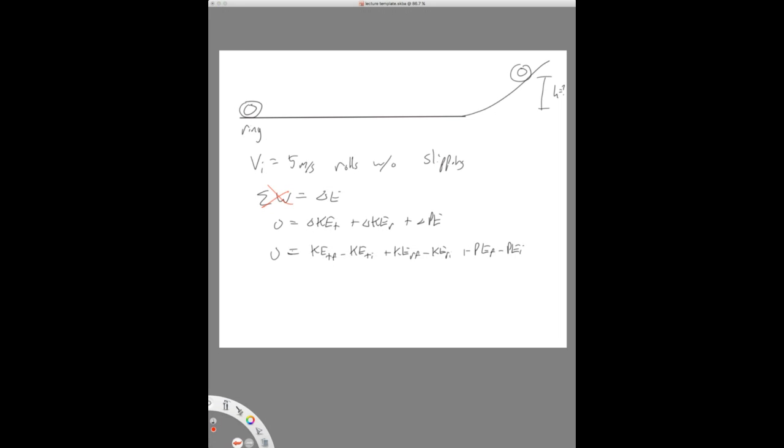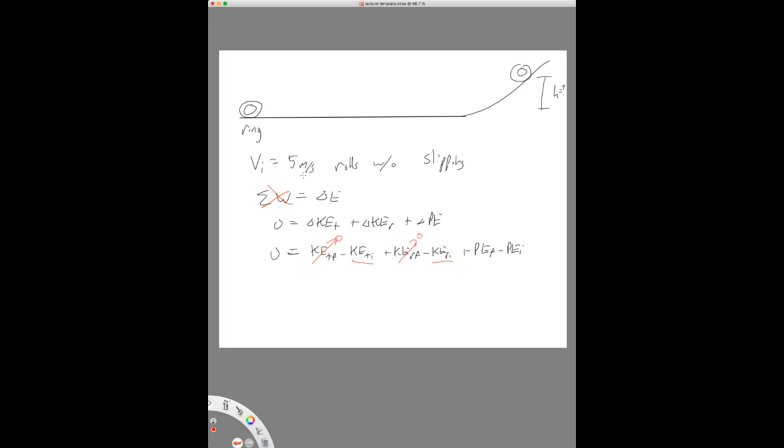Then we go through these one by one and we say, well, does it have final energy of translation? No, because it stops. Did it have initial kinetic energy of translation? Yes, it was moving 5 meters per second. How about final rotational kinetic energy? No, because it stops. How about initial rotational kinetic energy?